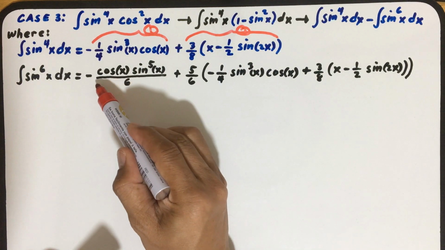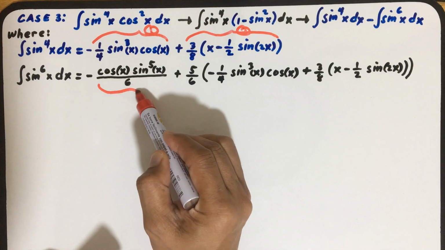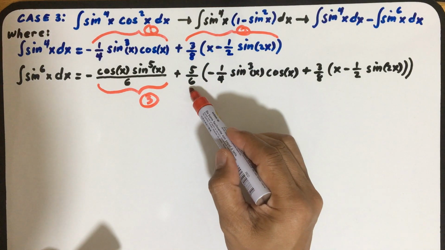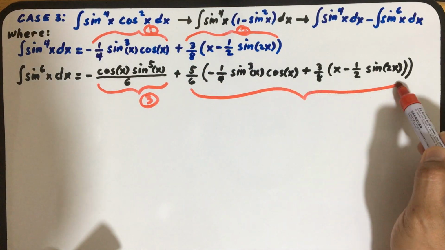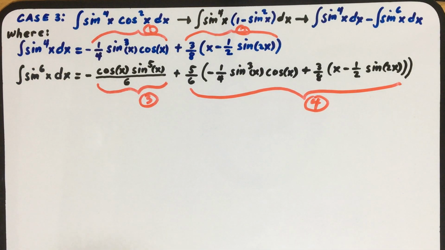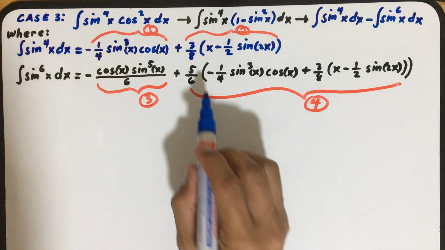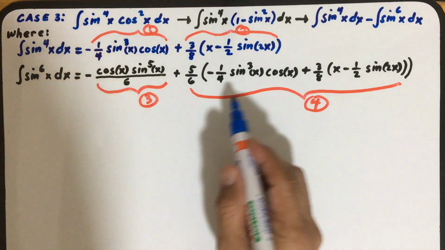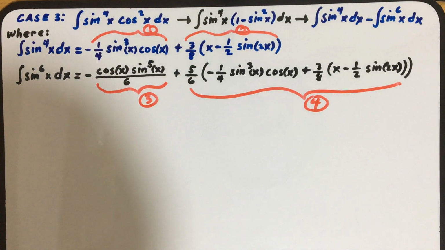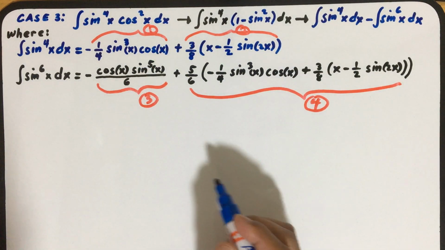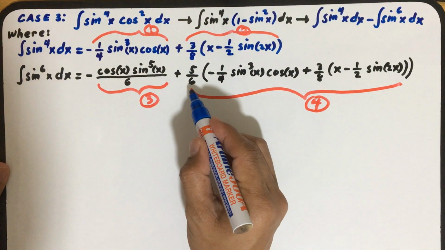Then this one you can number as 3. Then this part here you can number as 4. Okay, so what to do next is just reduce this into a shorter expression. This is also equivalent to that one. And after that, you substitute it here. Okay, so I'll deal with this first.